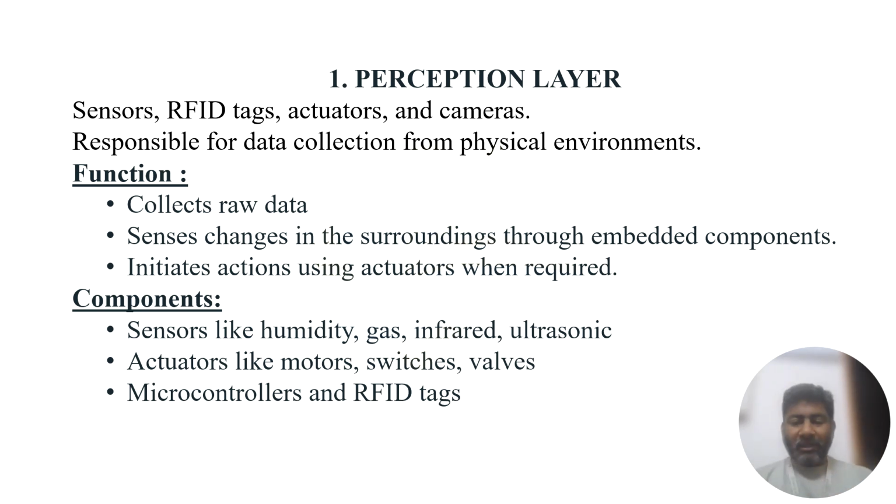For example, if you have a motion sensor in your sensing layer, whenever there is a change in movement, it is going to record the movement, correct? So it senses a physical change or disturbance in an environment.